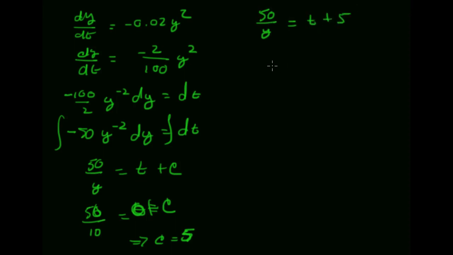You could probably stop there, but let's get it as y. y over 50 has to equal 1 over t plus 5, which means that y is 50 over t plus 5 is the solution to that initial value differential equation problem. So this brings me to part D.